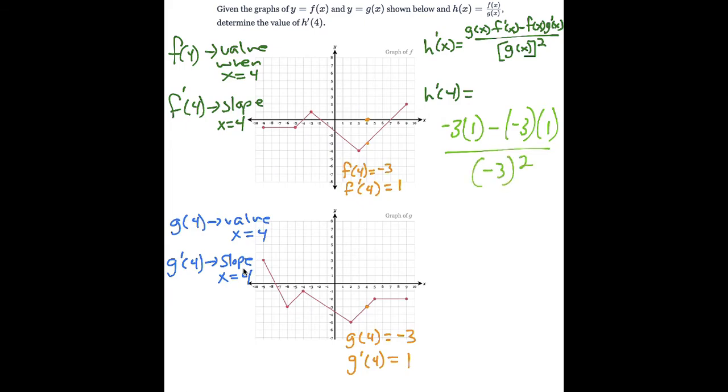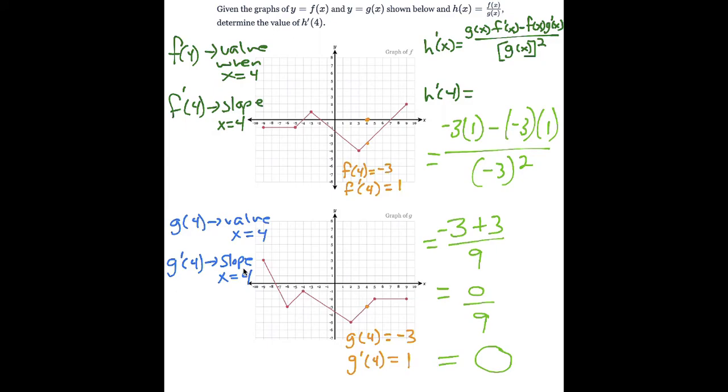And then you can do the arithmetic. I think this one ends up being negative 3 plus 3 divided by 9, which is equal to 0 divided by 9, which is equal to 0 for that one. Hopefully I did that right.